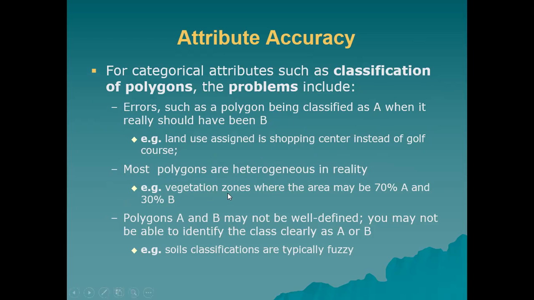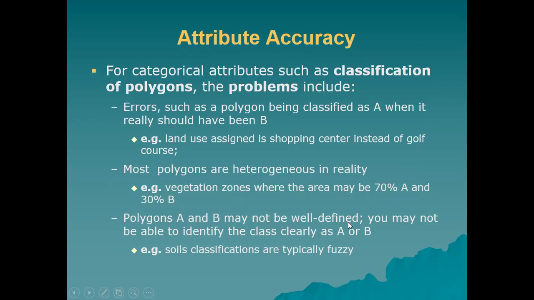For example, vegetation zones where the area may be 70% A and 30% B, you can only assign one value. So you may make a judgment call and decide, okay, well, the majority rules, I will assign the polygon as A. All right.